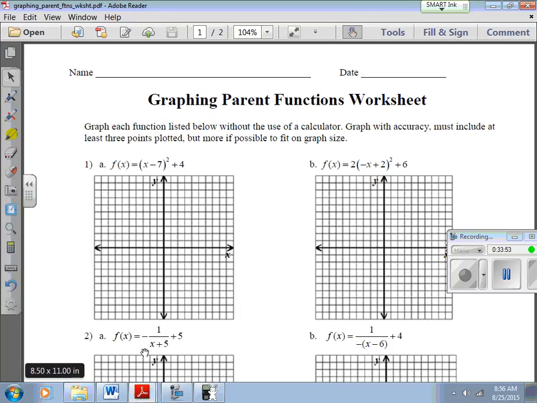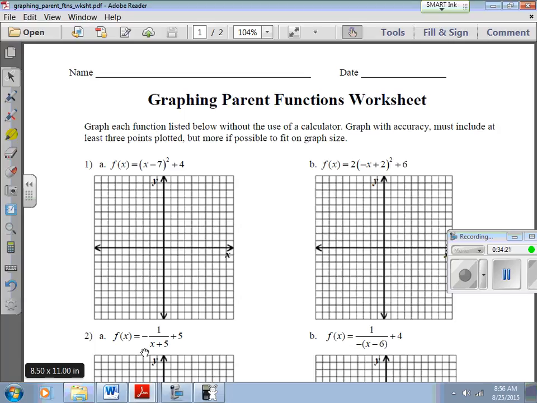Now, you guys remember these parent functions that we did? Remember how we could tell, oh, this moved it to the right 7 and up 4? This one, because that negative is right there, it's going to change that. It really moves it to the left and up 6, and then this stretches or widens it, or narrows it.